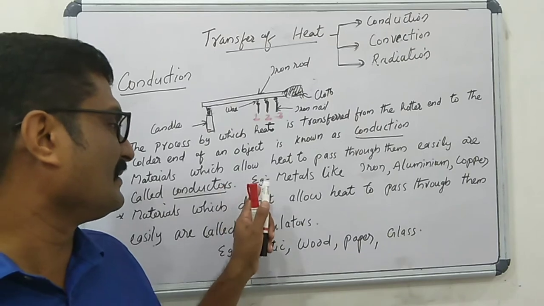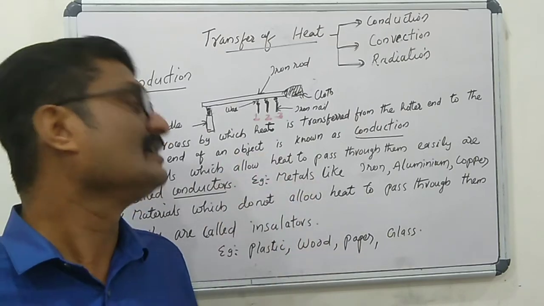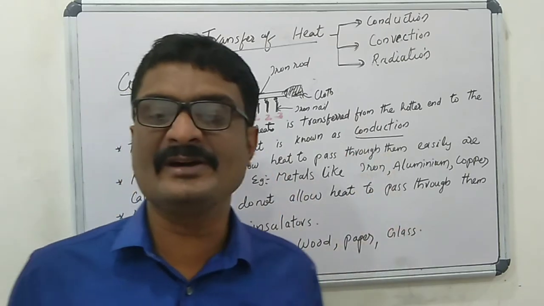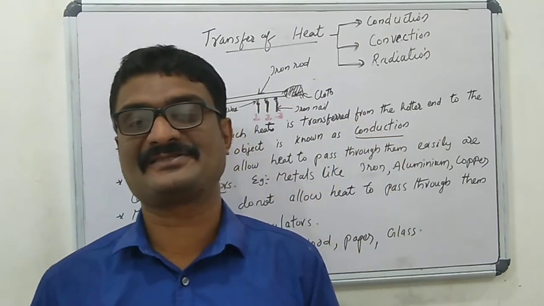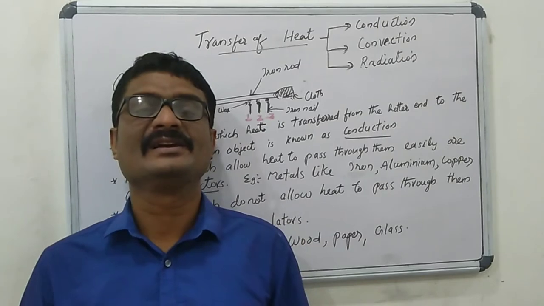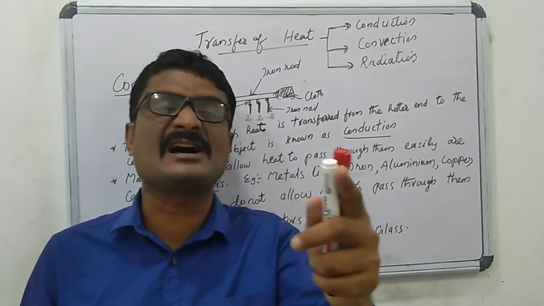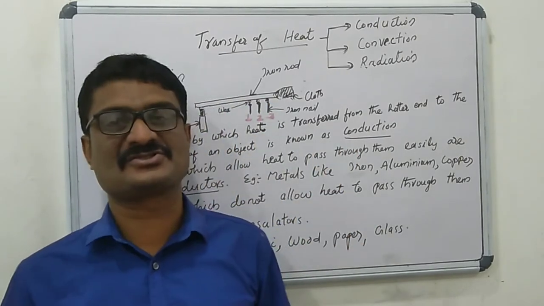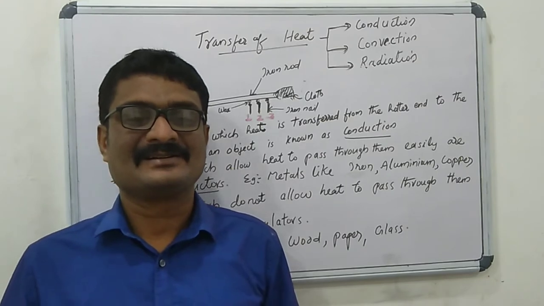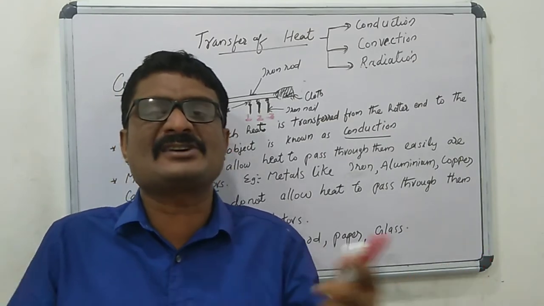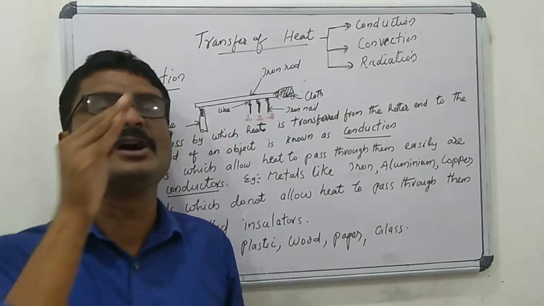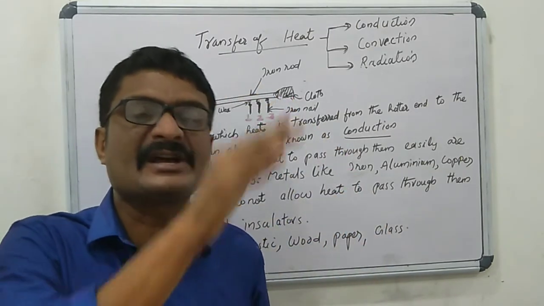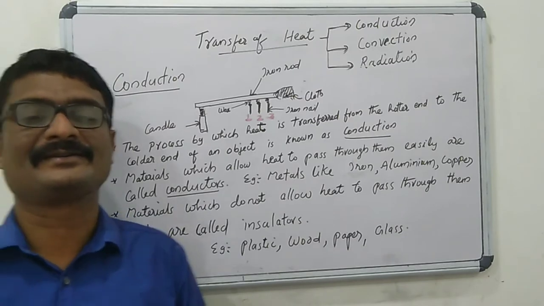Metals like iron, aluminium, copper, etc. are good conductors of heat. That's why cooking utensils are made of metals. They heat up fast on the fire and transfer the heat to the food inside to be cooked.